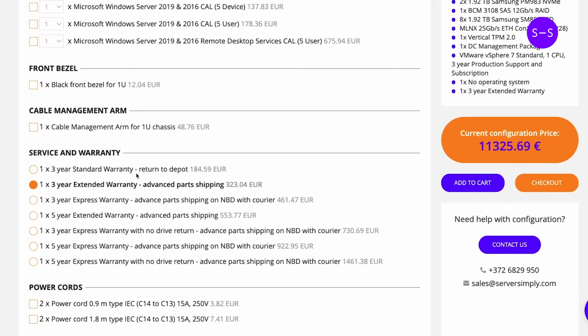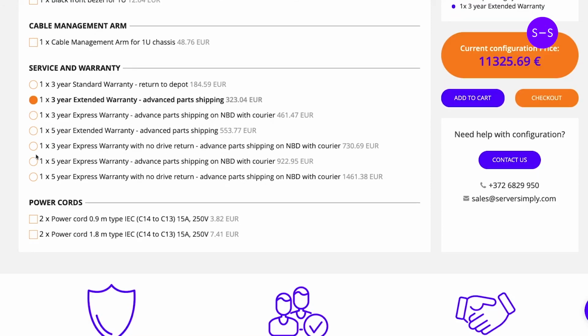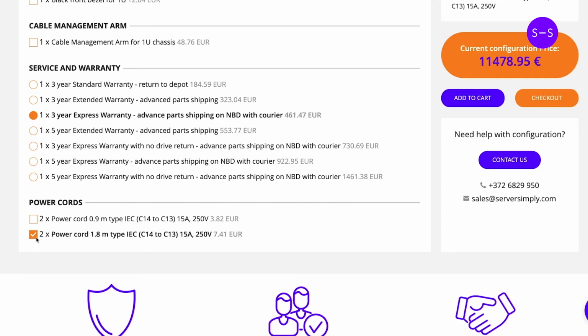Warranty selection of choice. The most common warranty is a 3-year warranty with Next Business Day courier support. Just add 2 power cables here.